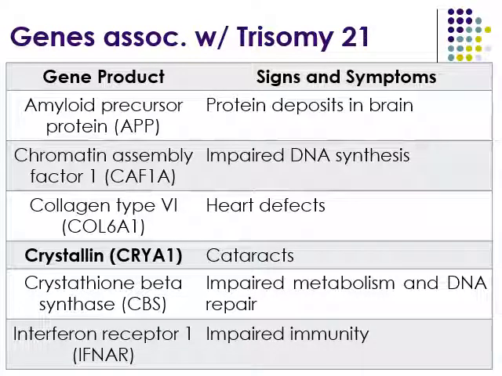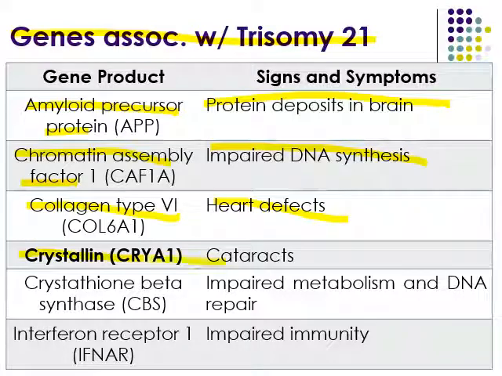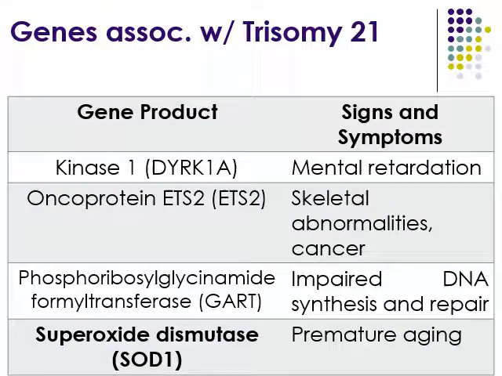So, genes associated with trisomy 21, we have amyloid precursor protein deposits in the brain. We have chromatin assembly factor 1 or CAF1A, impaired DNA synthesis; collagen type 6, heart defects; crystallin, cataracts; then cystathionine beta synthase, CBS, impaired metabolism and DNA repair; interferon receptor 1, impaired immunity.